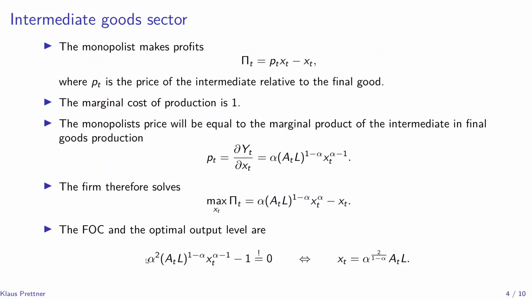So we would get 1 divided by this expression to the power of 1 over alpha minus 1. And then we can change numerator and denominator and multiply the exponent by minus 1. These two operations exactly offset each other, and then we would get exactly this expression here, alpha to the power of 2 divided by 1 minus alpha times A_t L.